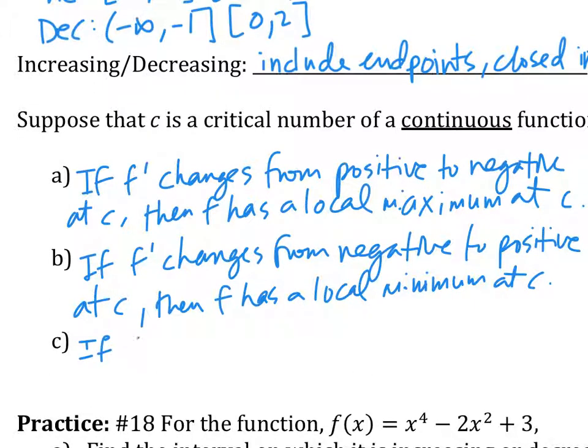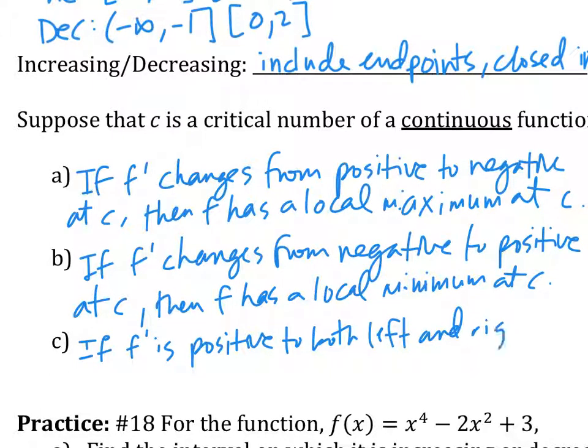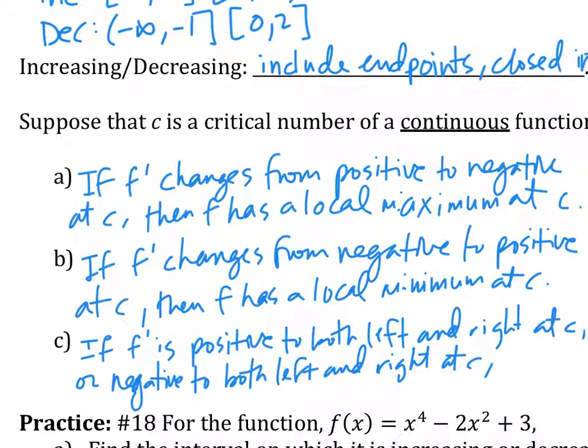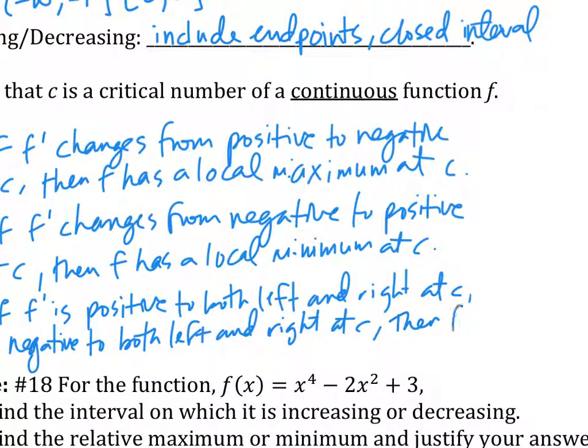If f prime is positive to both left and right at c, or negative to both left and right at c, then f has neither a local max nor local min.